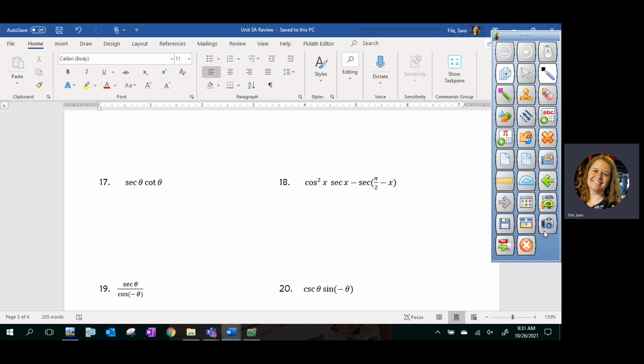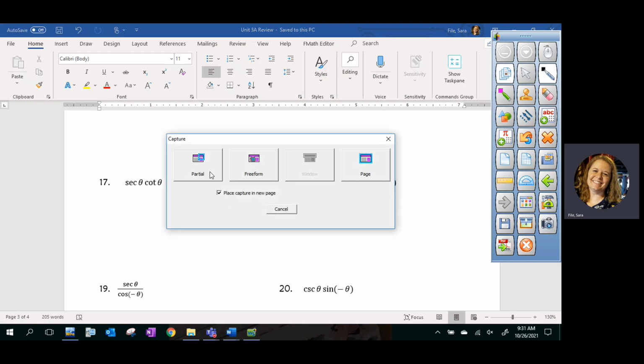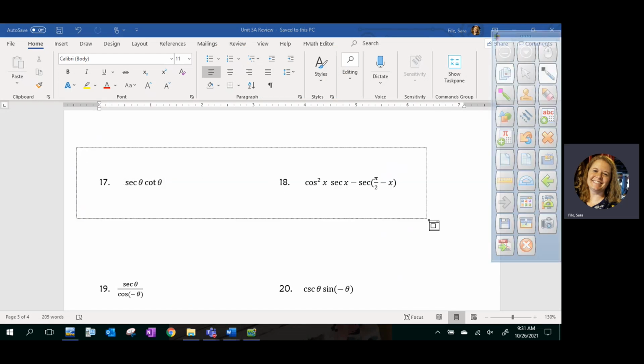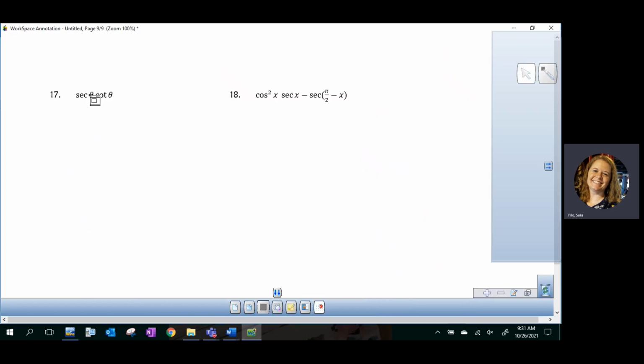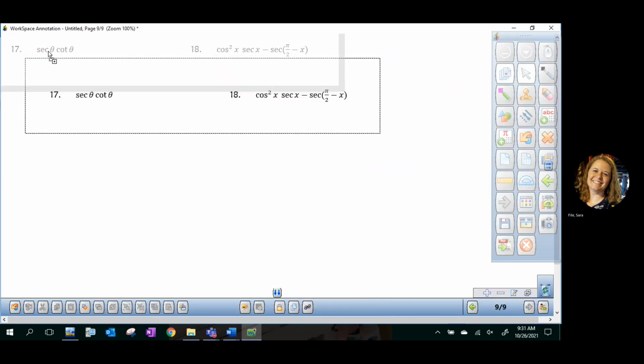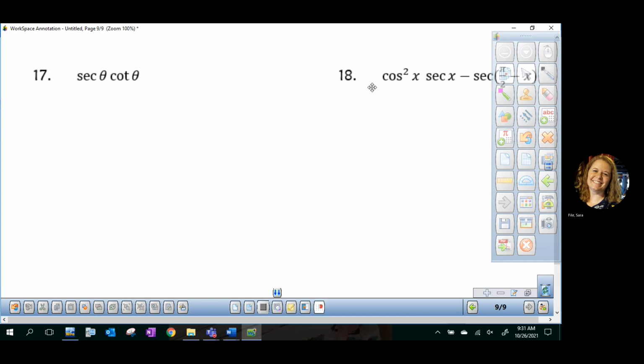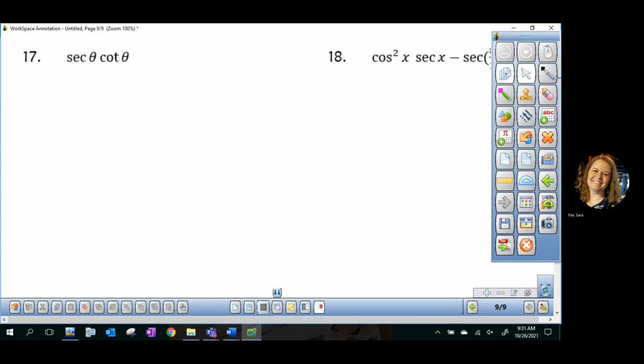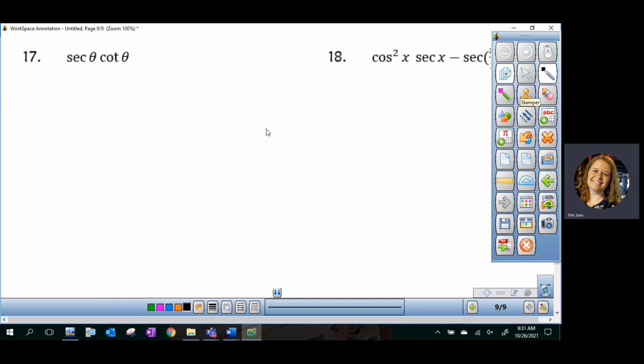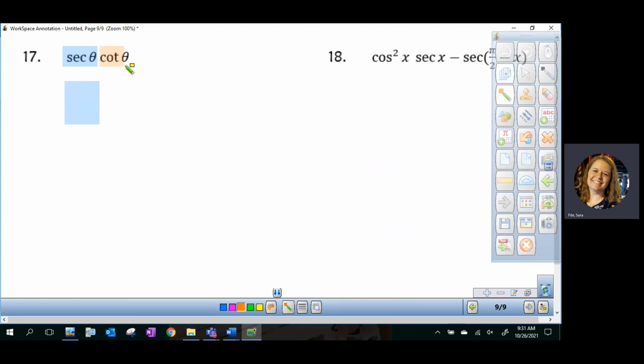All right, so the next ones on your original, it says 15 and 16 again. There's a typo in the numbering. All right, so secant and cotangent can both be rewritten in terms of sine and cosine. It's again going to be a reciprocal and then a quotient identity.